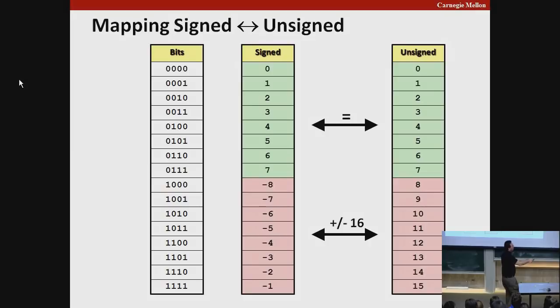However, once I add 1 to this and I get 1, 0, 0, in the case of an unsigned number, I keep growing. 7 plus 1 is 8, plus 1 is 9, plus 1 is 10. In this case, it suddenly becomes the most negative number. Why? Look at my bit pattern. The most negative number plus nothing.